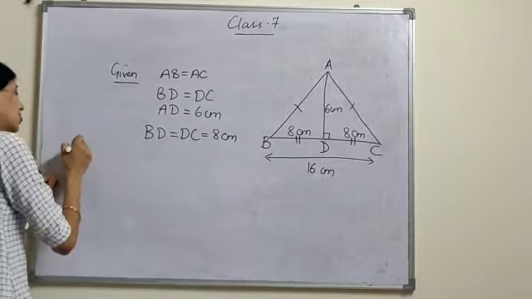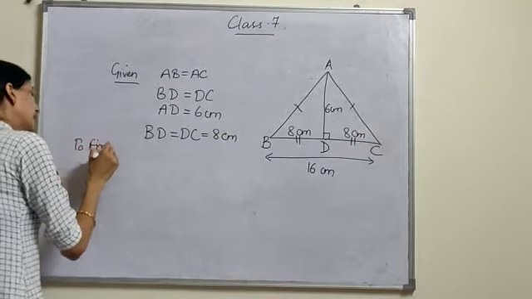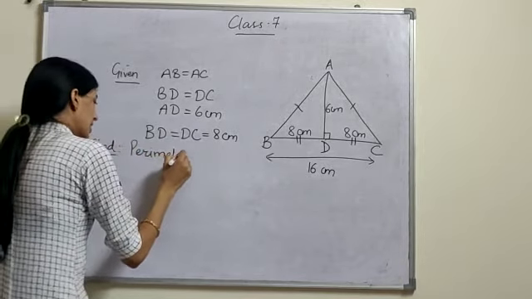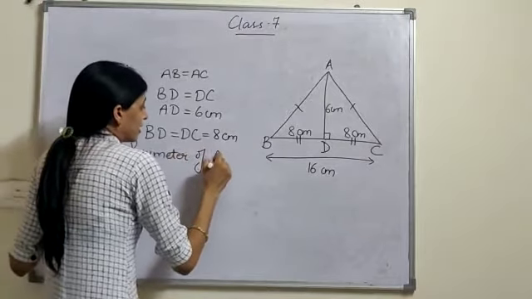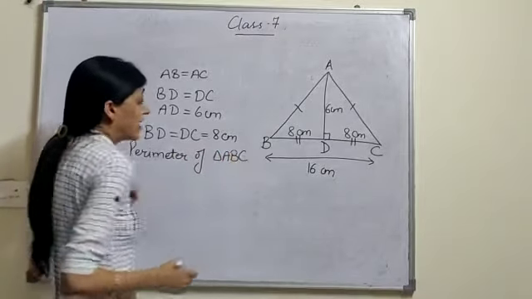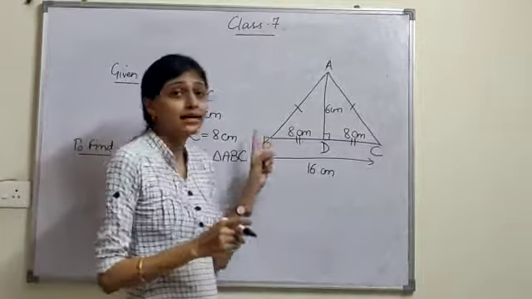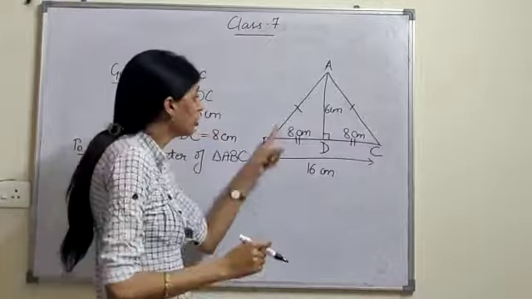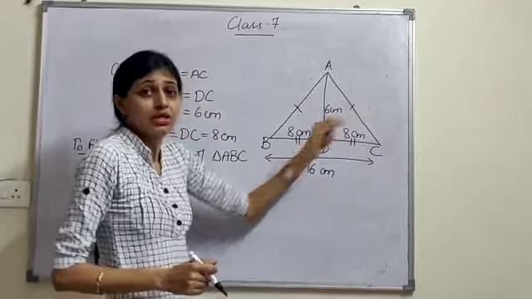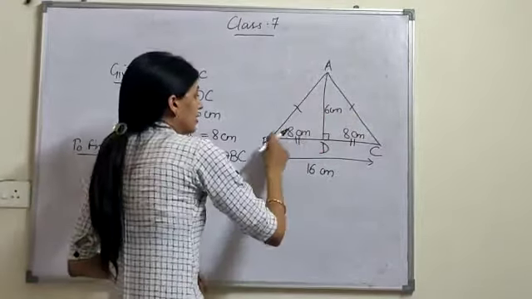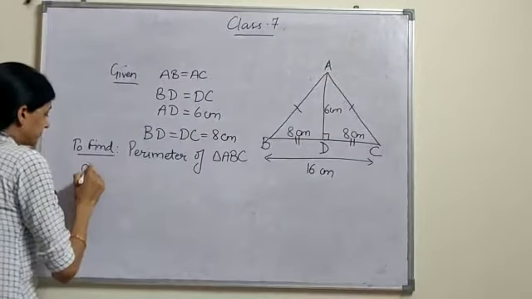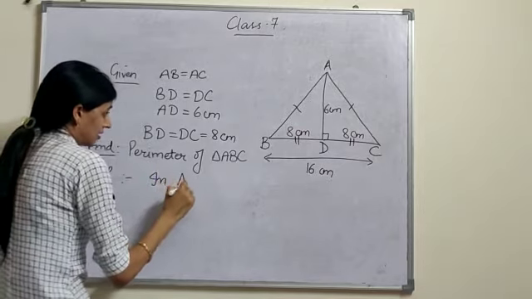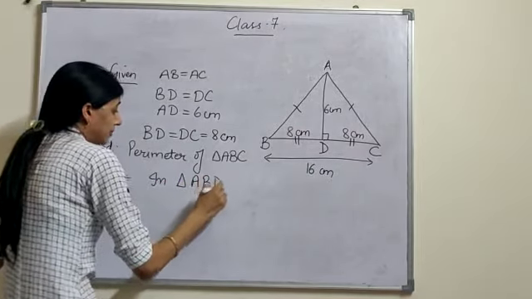We have to find out the perimeter of triangle ABC. If we have to find the perimeter, we have to add all the three sides AB, BC, CA. But we don't know AB and CA. So what will we do? We take a right angle triangle ABD.